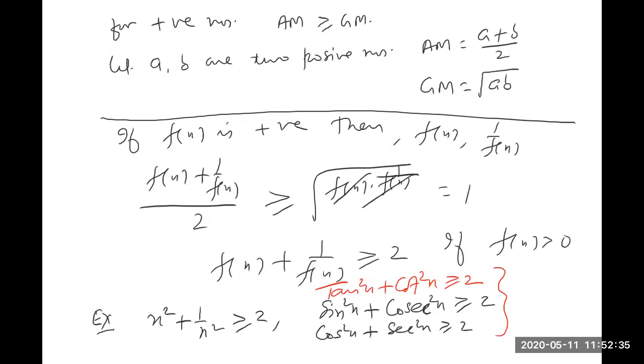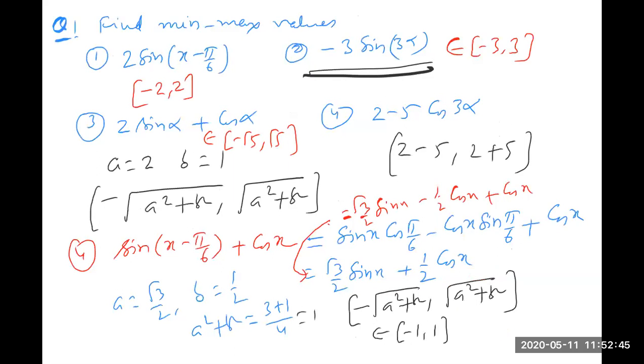See, now how to apply this in general for all the concepts. So that means if I take here the general case, first one: a square sin square x plus b square cosec square x.